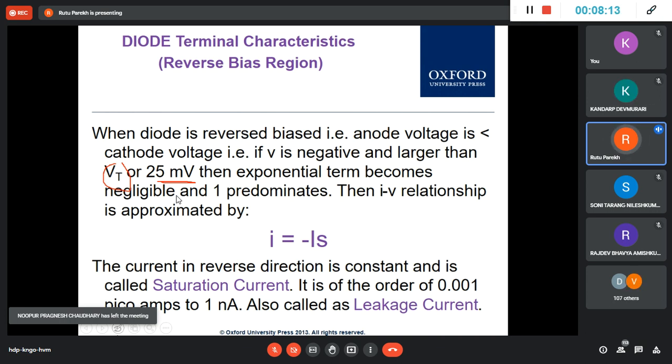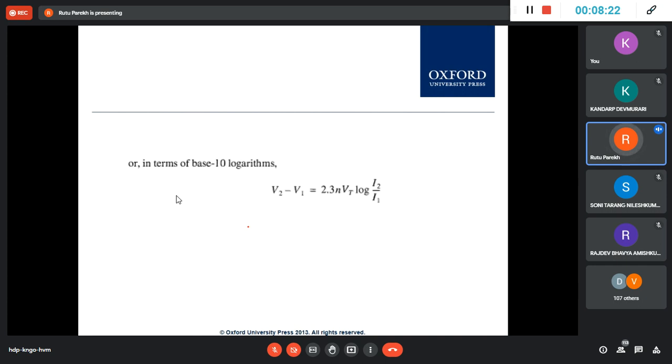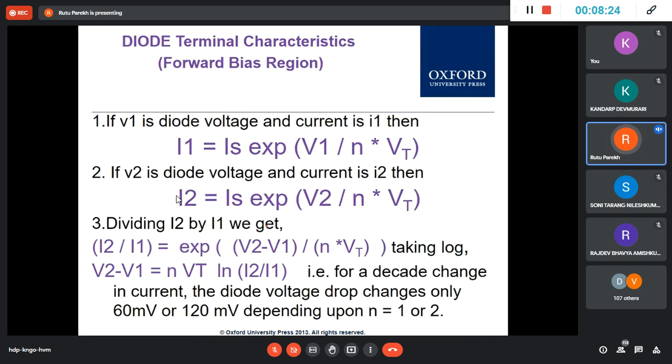So the exponential term in that equation, if you put this negative voltage, becomes negligible and 1 will dominate. So this is e raised to V upon N into Vt. So that exponential, because V is negative, will become really small.